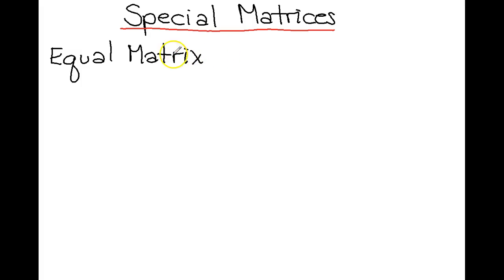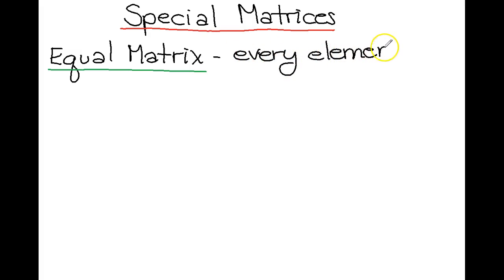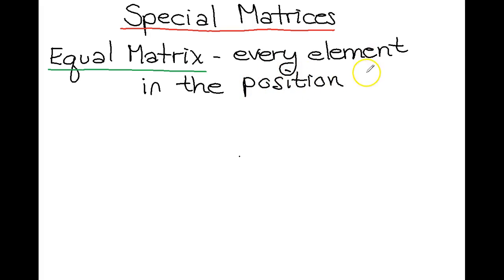Two matrices are considered equal if every element in the same position is equal.